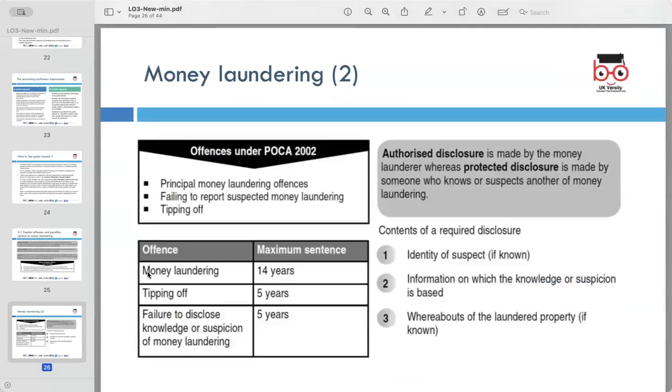So, in addition to principal money laundering offenses, POCA stipulates failing to report suspected money laundering and tipping off as punishable offenses.